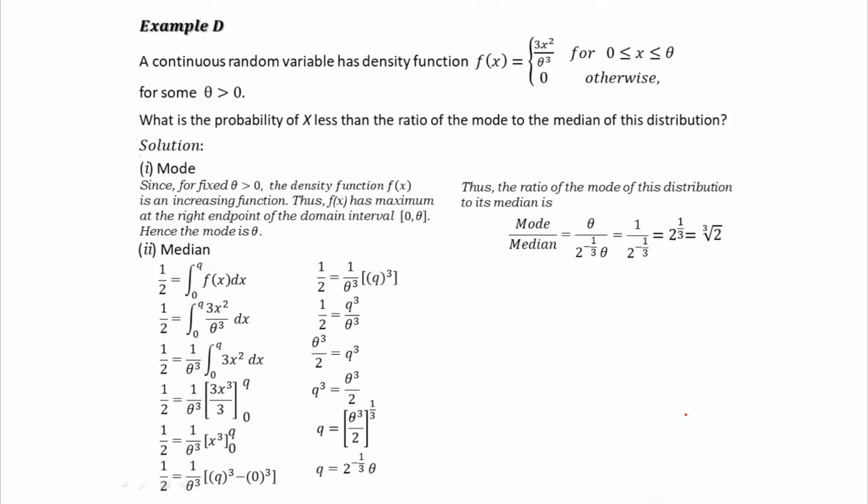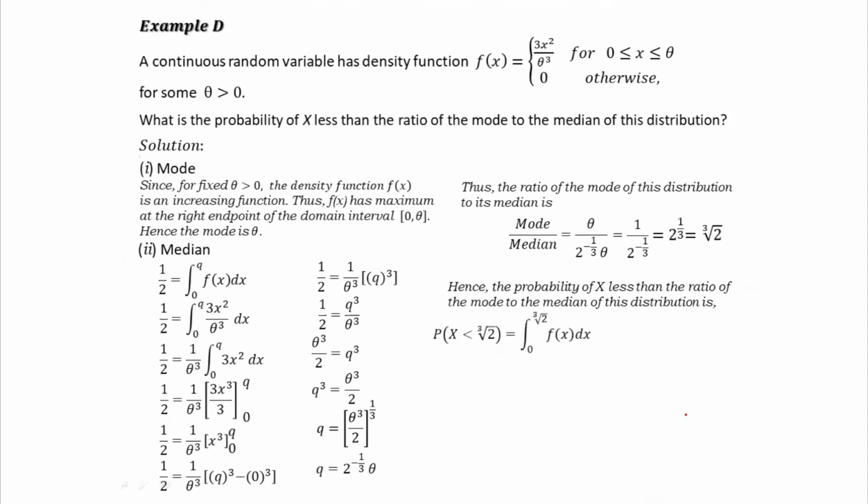So this is the ratio of our mode to the median of this distribution. Hence, the probability of our random variable x less than the ratio of the mode to the median of this distribution is equal to the probability of our x here, which is less than the cube root of 2, because the cube root of 2 is the ratio of the mode to its median of this distribution.